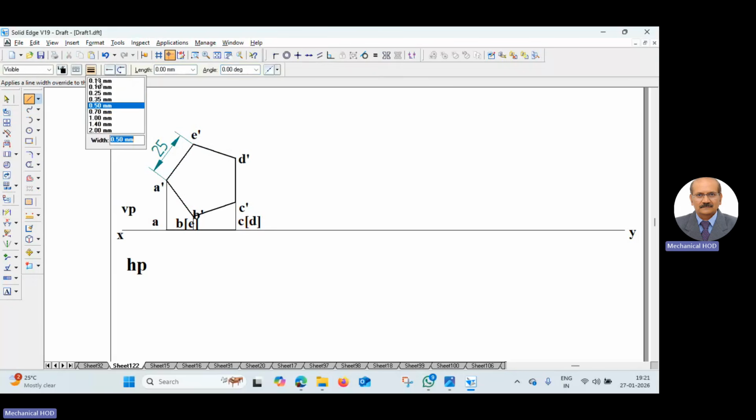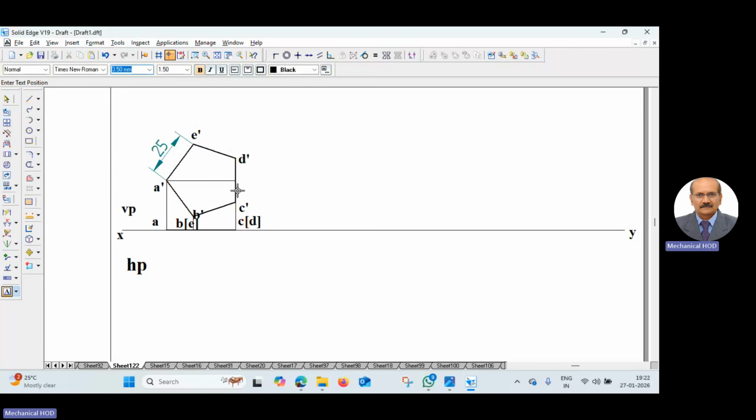So we have to draw the perpendicular bisector passing the corner A on which it is resting. This is the perpendicular bisector. Let me name it as A M1 dash.